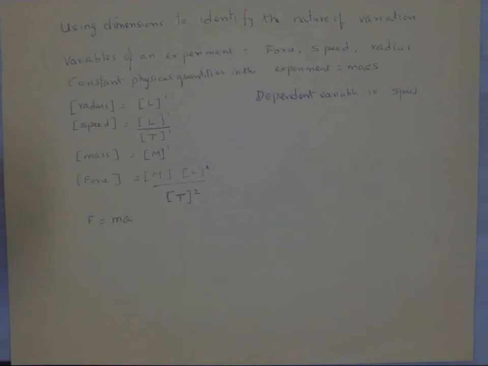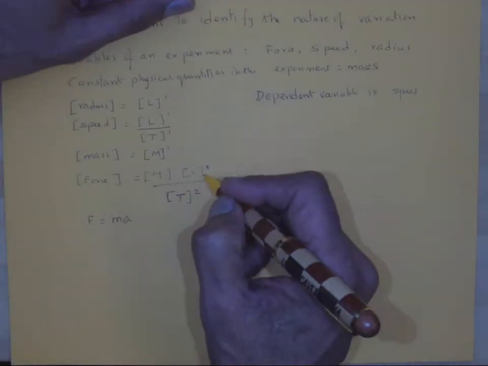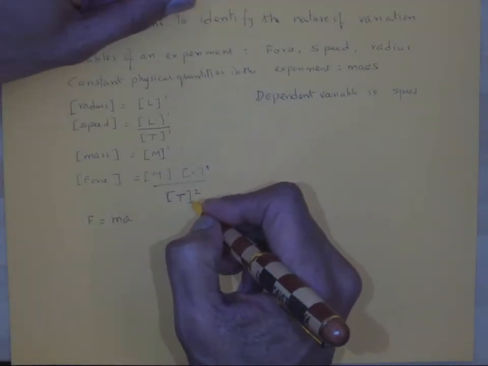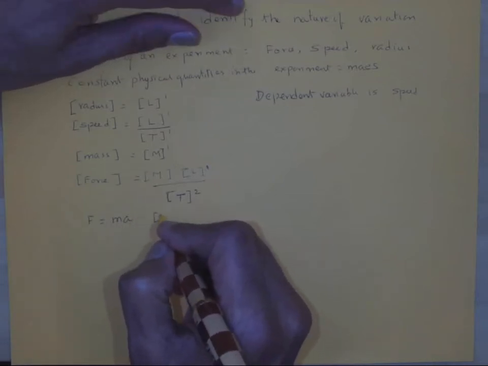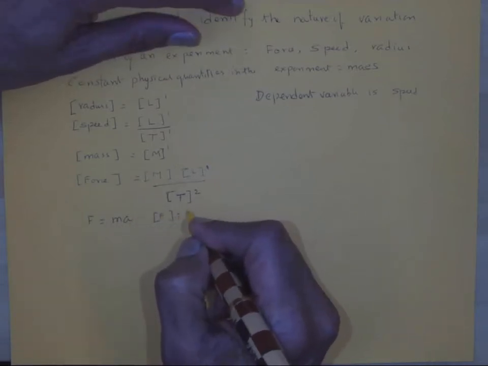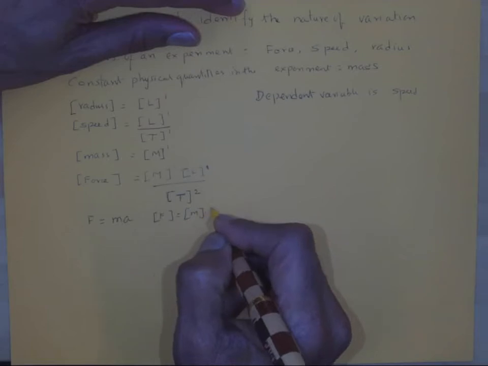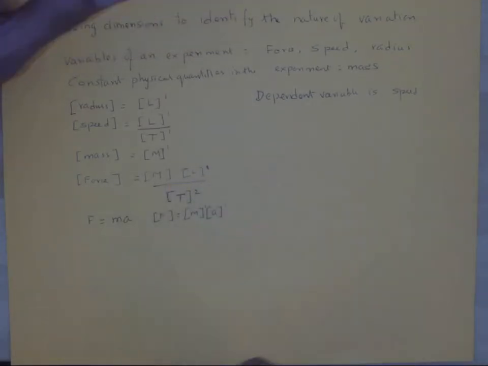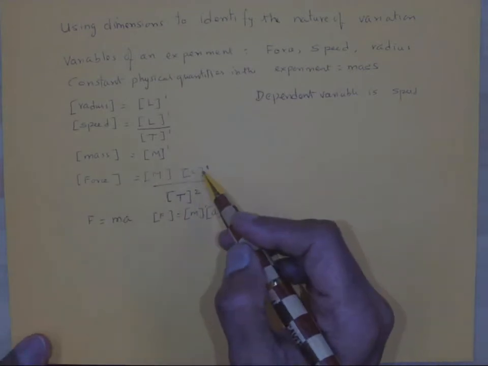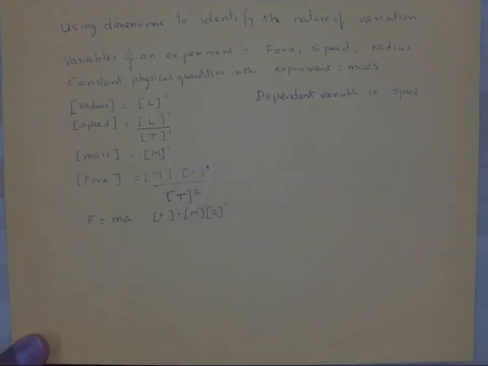In our previous video, we saw that acceleration has the dimension L raised to 1 divided by T raised to 2. Therefore, the dimension of F is the dimension of M raised to 1 times the dimension of A raised to 1, and that is why we write this as M raised to 1, L raised to 1 divided by T raised to 2.